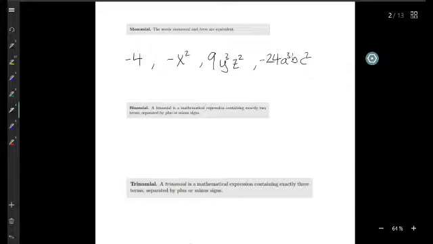Binomials are when you have exactly two terms. So x squared plus y squared, 7a minus 4b, x squared minus 2xy plus y squared. These are binomials.